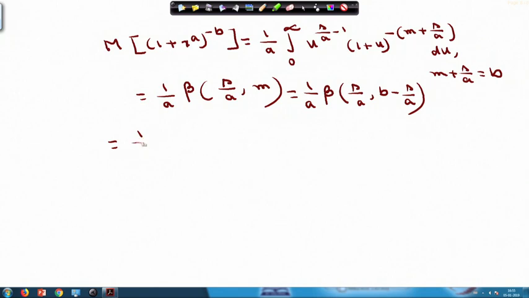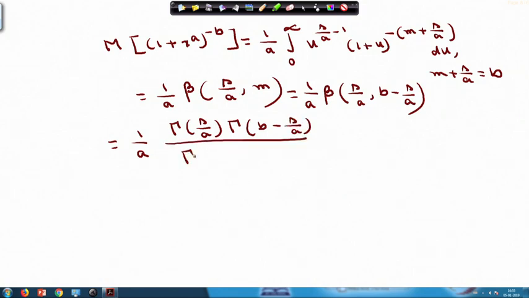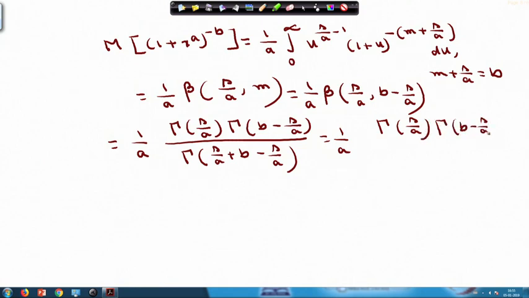If I use the formula in terms of the gamma function, I can write this as equal to gamma s by a, gamma b minus s by a, divided by gamma of m plus n, that is, gamma of s by a plus b minus s by a. So, after simplification, this will be gamma s by a, gamma b minus s by a, divided by gamma b.